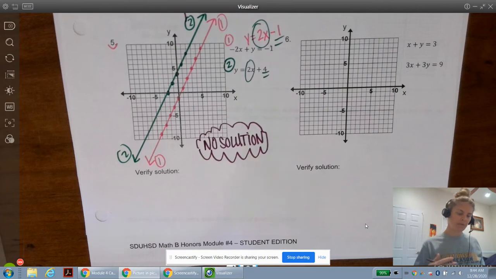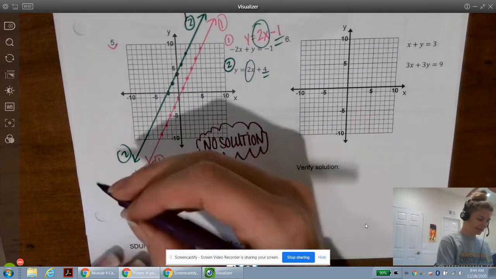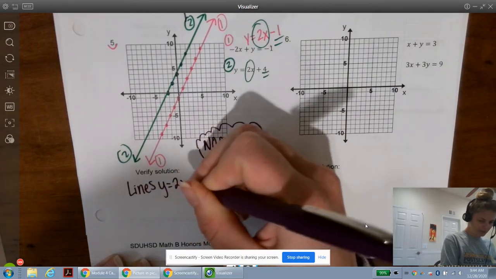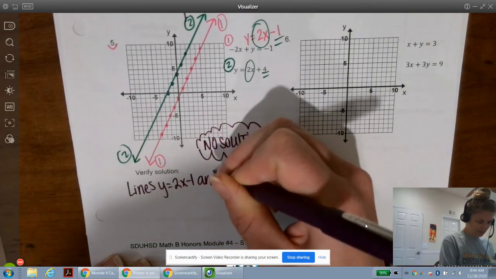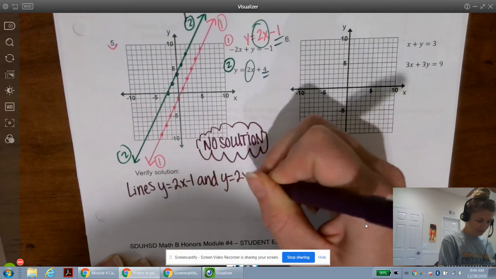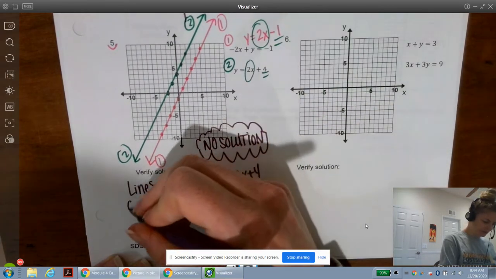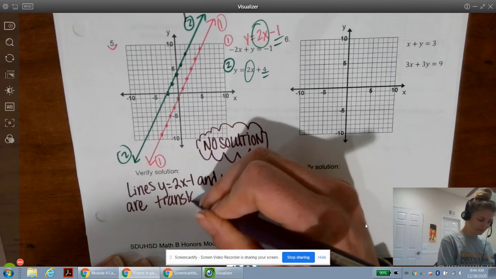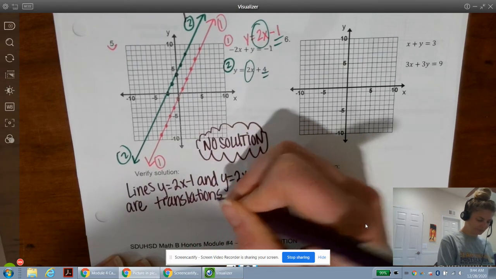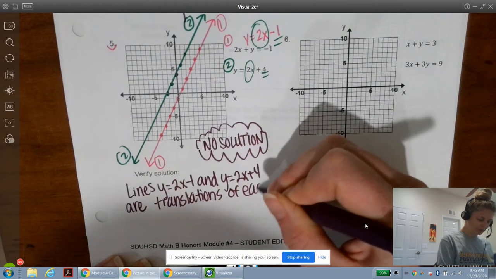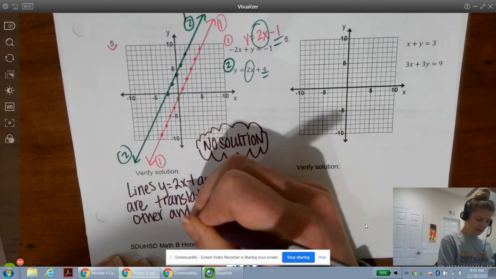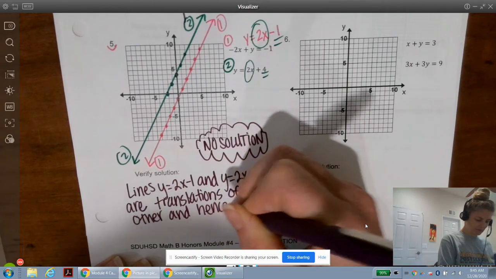So we're going to verify with our reasoning, so we can say lines y equals 2x minus 1 and y equals 2x plus 4 are translations of each other, and hence parallel.